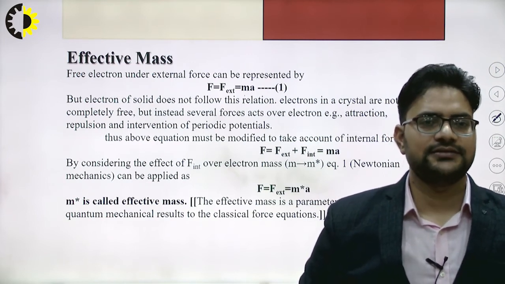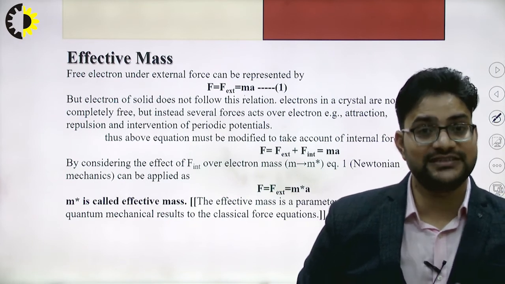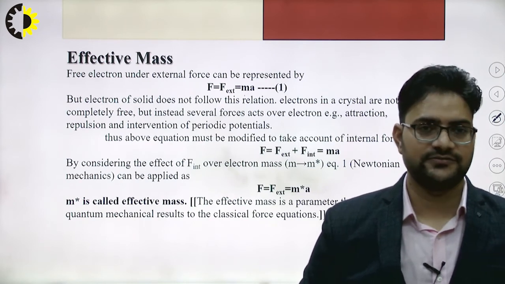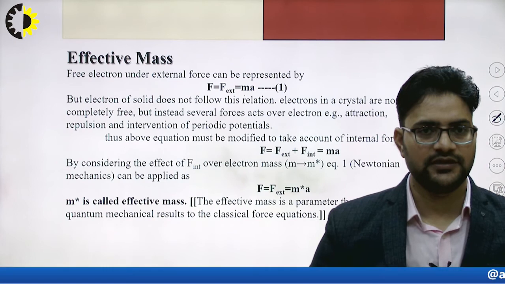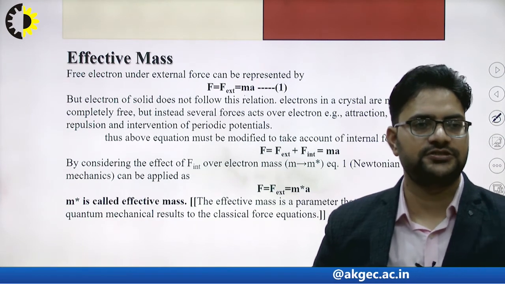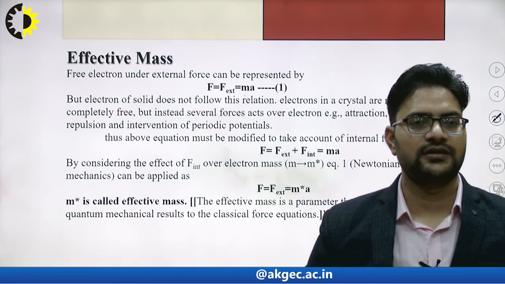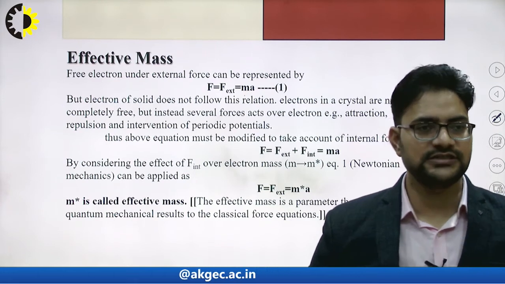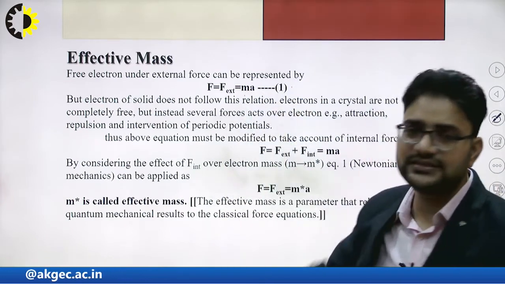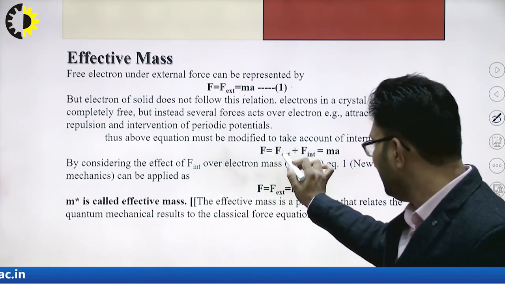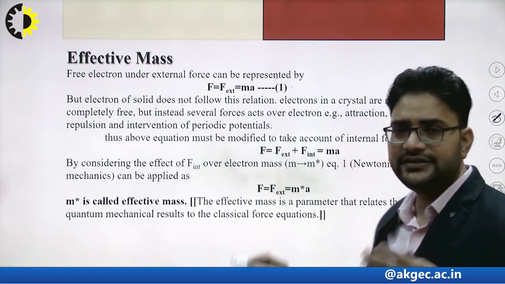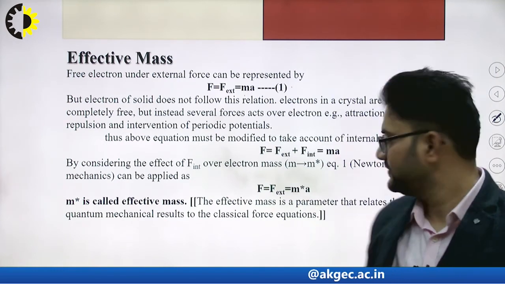Electrons in the crystal are not completely free; there are some forces acting apart from the external forces, like force of attraction and force of repulsion. So we can modify equation 1 like this: F equals F external plus F internal, where F internal are internal forces that already exist, which is equal to ma.